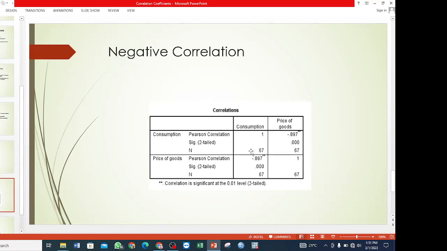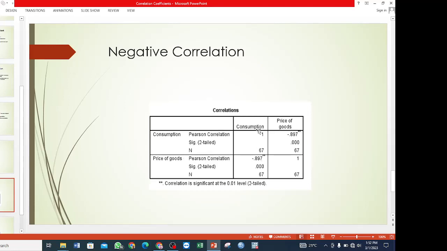So that means that the association between price of goods and consumption is negative. So we would say that there is a negative correlation between price of goods and consumption. And also note that this value is very close to -1. That means that the correlation is strong. So there is a strong negative correlation between the price of goods and consumption.